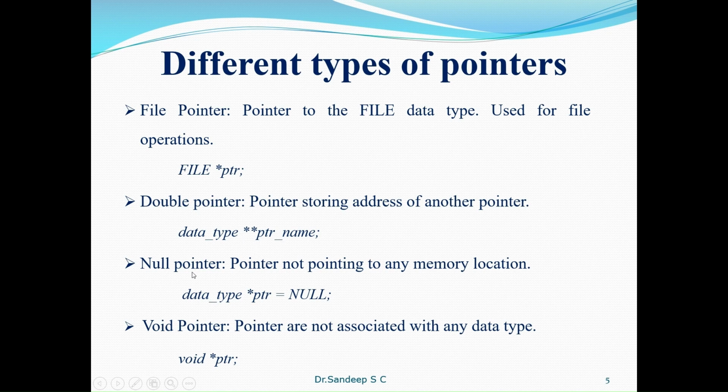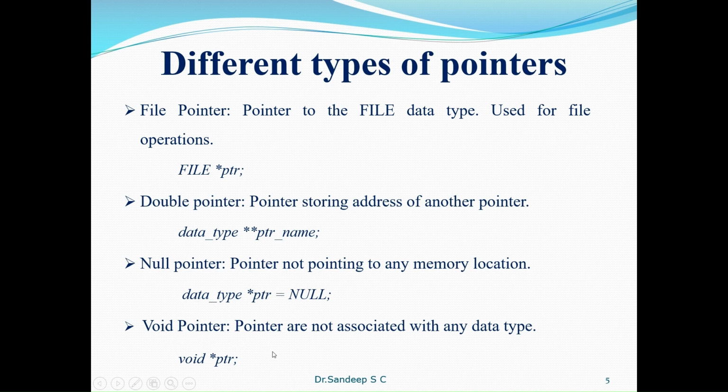Okay. Then we have one more thing called a null pointer. Null pointer means it is not pointing to any memory location. So we just say data type pointer, then we assign it to NULL. That means it is a null pointer. As and when we go for higher operations, I will explain this when we come across these operations of null pointers. Similarly, we have void pointers.